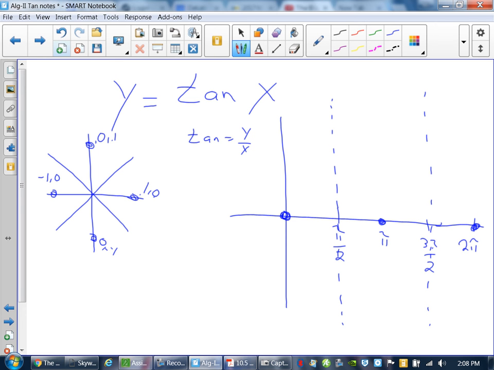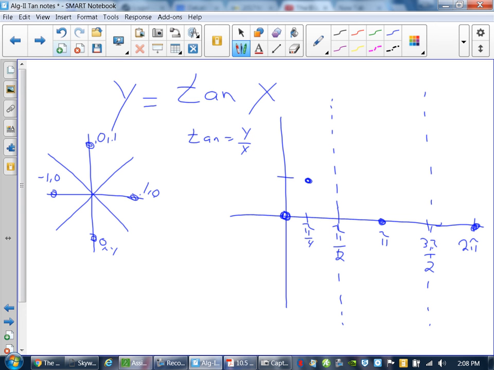Remember, at 45 degrees tangent is 1 over 1, so it's always 1. It's just positive in 1 and 3, and it's negative in 2 and 4. So I know that at pi over 4, it's 1. At 3 pi over 4, sorry.